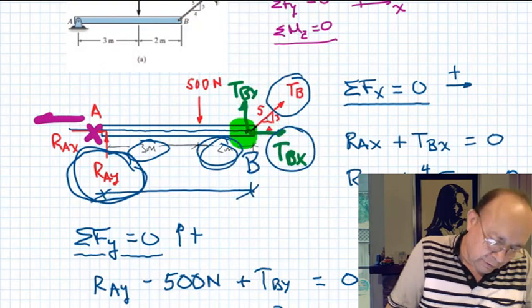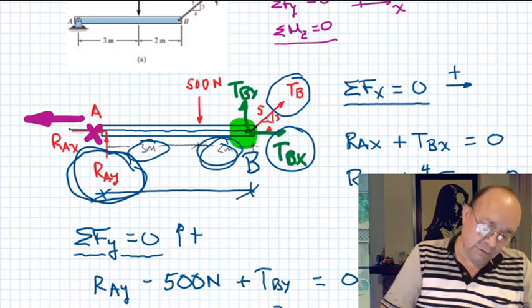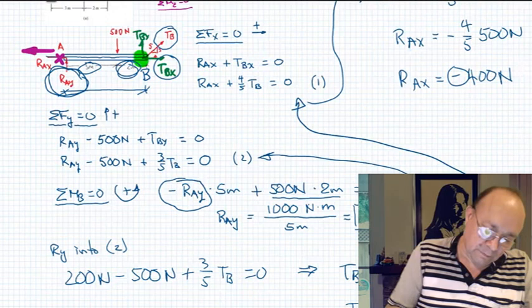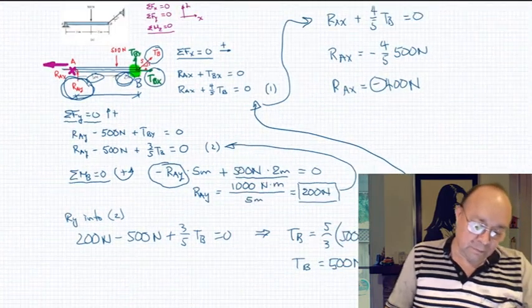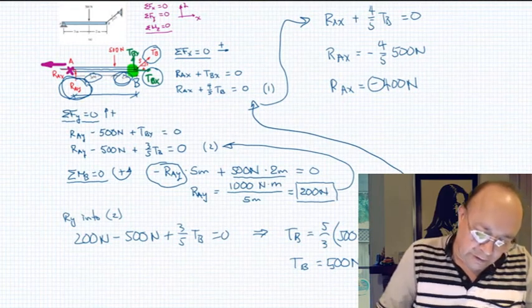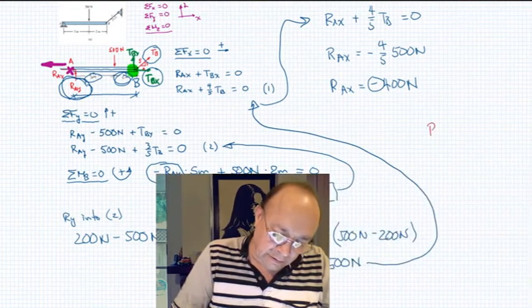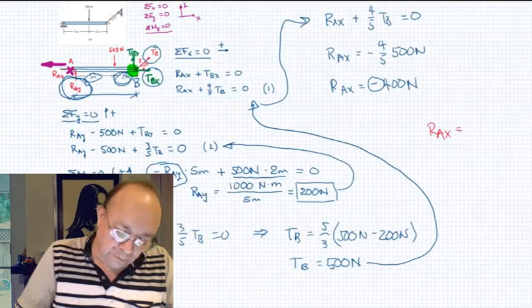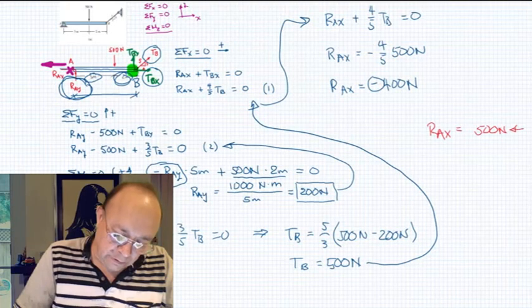The force Rx is in that direction. So the total result, we can write it like this. Rax equals 500 newtons to the left.